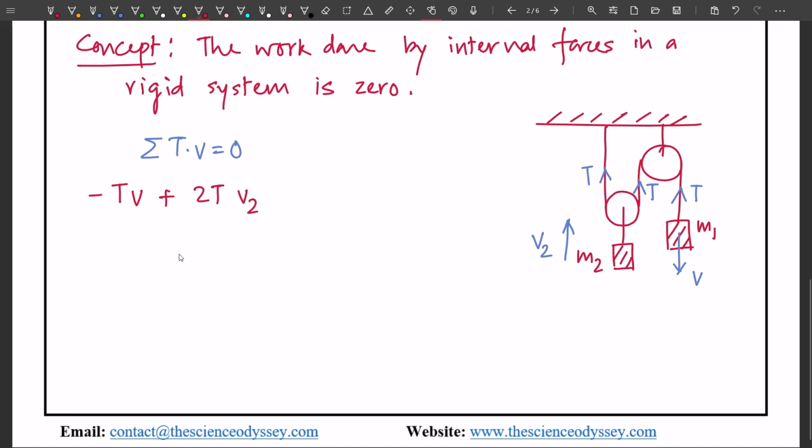The angle between the T vector and the V2 vector is the same direction, so cos 0, which is 1. So for the second mass we get 2T into V2, and the sum will be 0. So V2 is equal to V by 2.